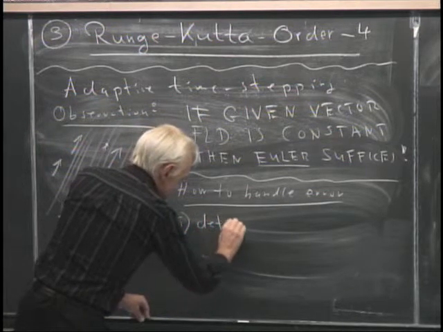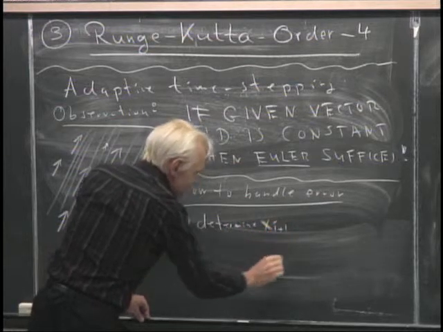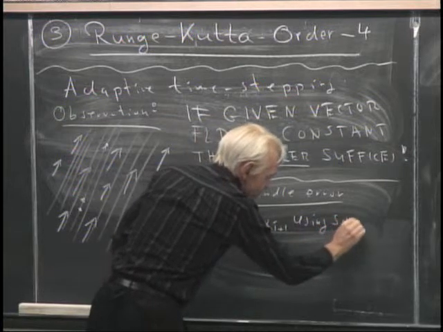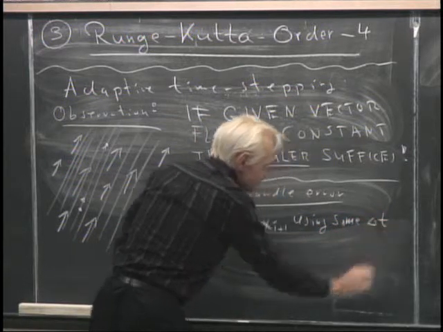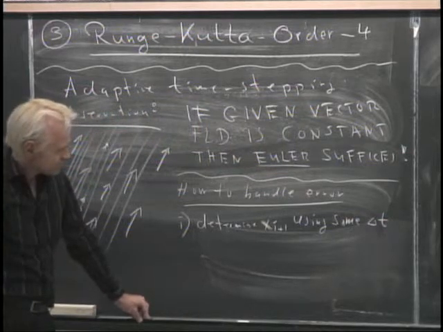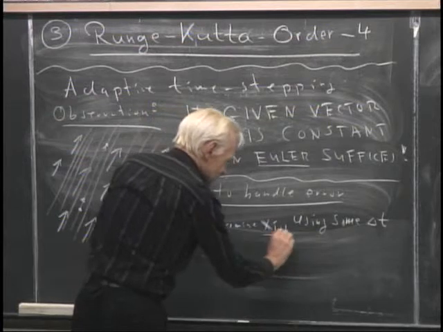The next point is always x i plus 1 using some delta t value, and you get an x i plus 1.